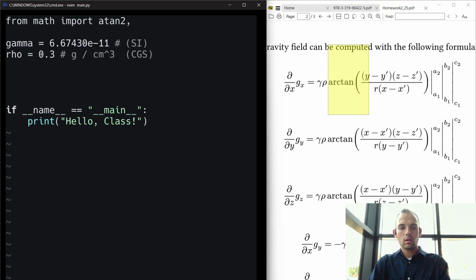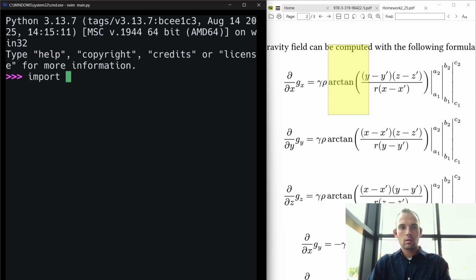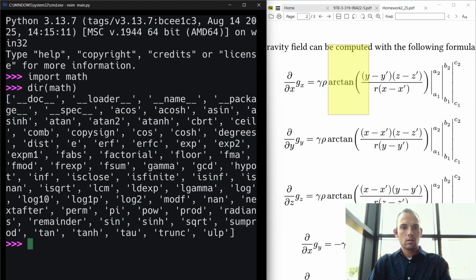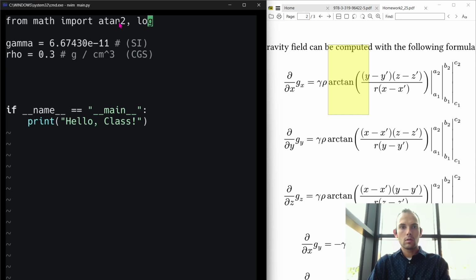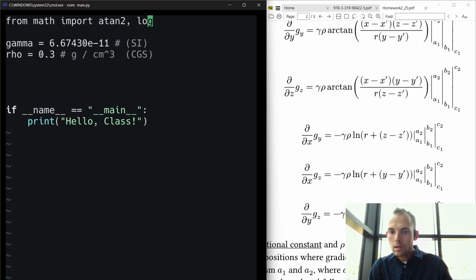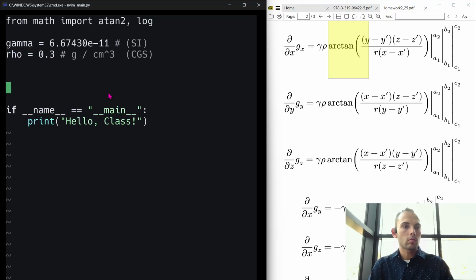I already forgot what I just saw. And what is log called in this language? Oh, it's just called log. Okay. I need atan2 and I need log, and those are the only two crazy functions we need. Everything else is going to be pretty simple.